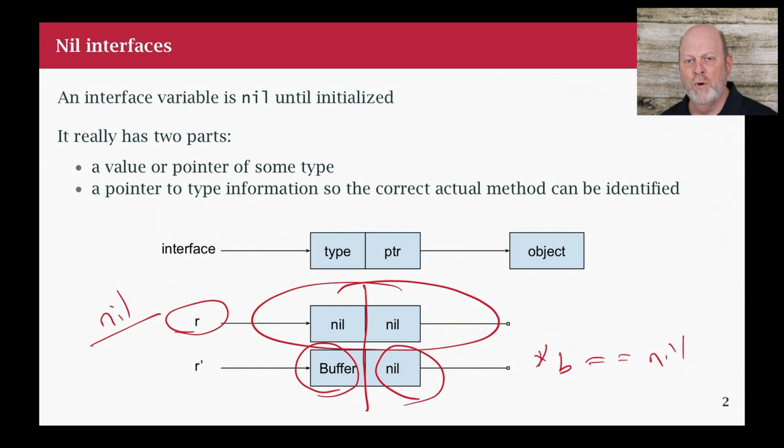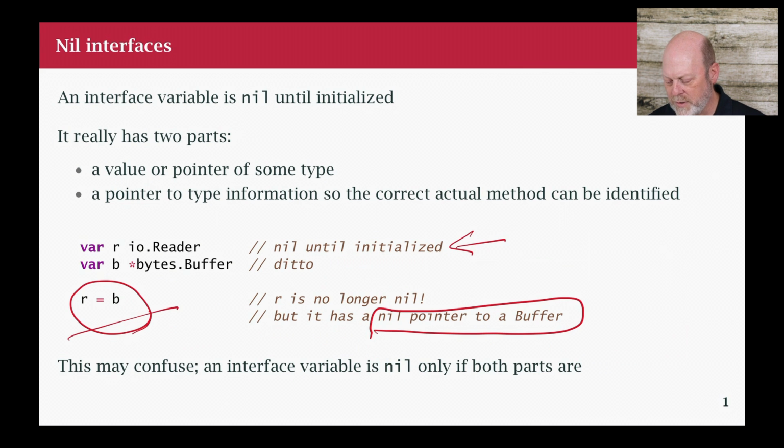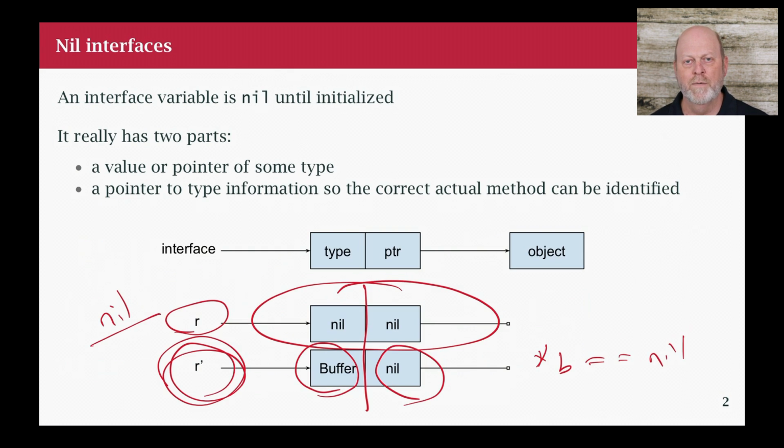And anytime you put a type into it, well, you can't put a value without a type. So anything you assign to it, whether it's a nil pointer or a non-nil pointer or an integer, the type will be set. So it'll always have a type even if the value is nil. But in any case, in this second case of R prime, after we do this assignment, the interface is not nil.